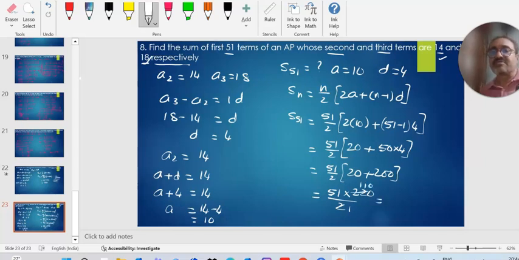That is equal to 51 into 110, అంటే 110 means 5610. మల్టిప్లికేషన్ మళ్ళీ మరొకసారి చెప్తున్నాను. 1 రాస్తామండి. 1 + 5 6, లాస్ట్ నెంబర్ 5 రాస్తాము. 0 రాసుకుంటే టోటల్ వాల్యూ వస్తుంది. This is the answer for S51.